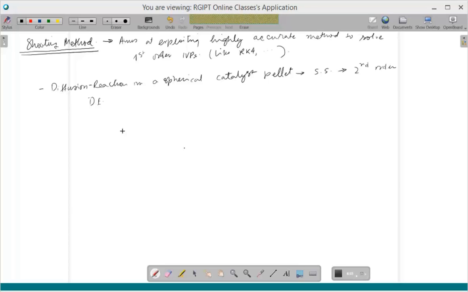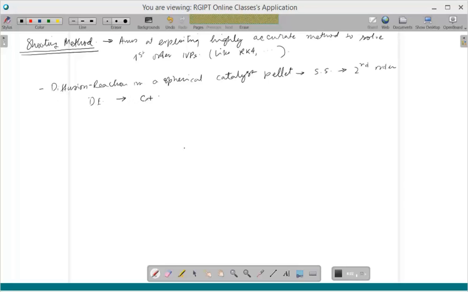You must have done that a sufficient number of times in previous courses, especially chemical engineers. Petroleum engineers, I have already discussed that. Please take a look. So that was a second order differential equation.